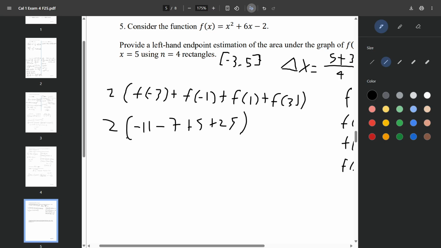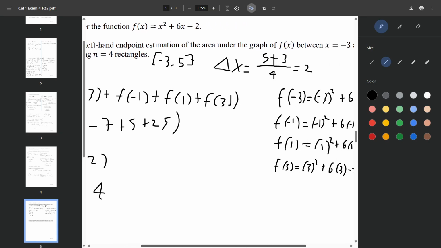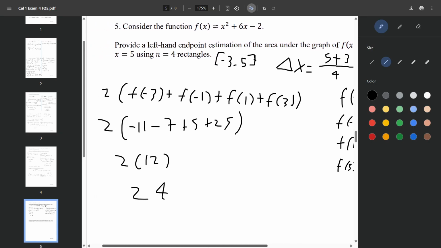So now we just simply solve for this. All these together will be equal to 2 times 12, and so our final answer is 24. Our estimation of area under the curve with these conditions is 24.